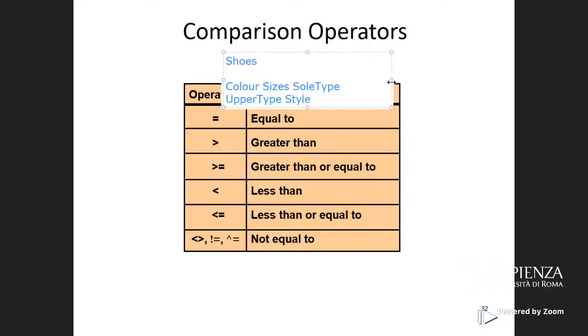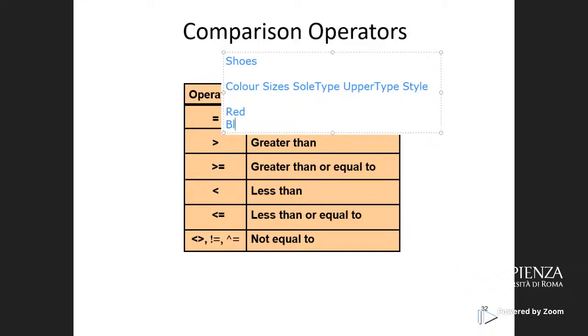Please bear with me. I just want to explain this so that we can understand it a little bit better. Now, when we look at all of this, we can have so many colors here. Let's say we have red, we have blue, we have green. And then for the sizes also, let's say we have 44, 42.